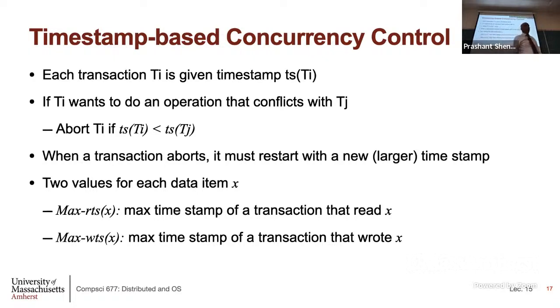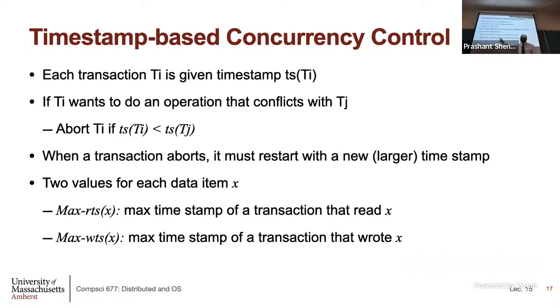Very explicitly, the way we will do it, for every record in your database, you will maintain two timestamps. The transaction itself has a timestamp, but every record in the database also has a read timestamp and a write timestamp, or a max read timestamp and a max write timestamp. The read timestamp of a data item X is the timestamp of the most recent transaction that read it.